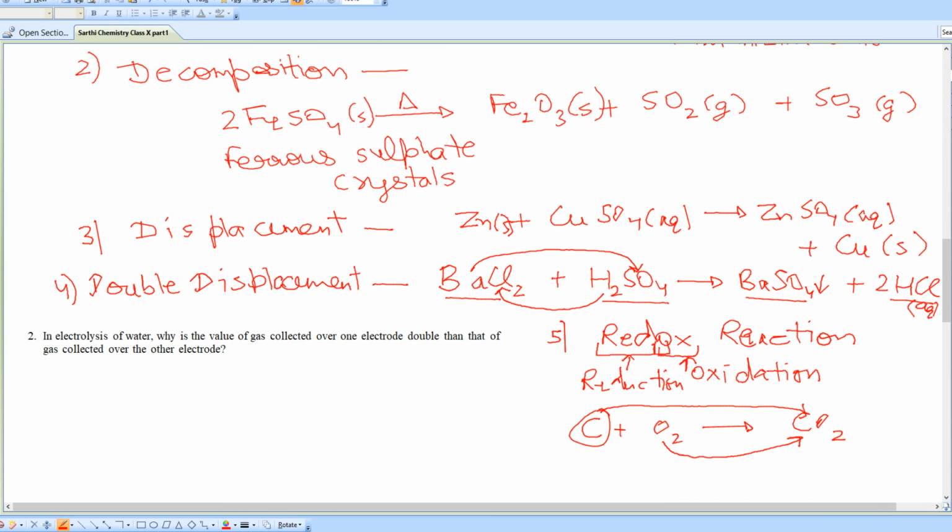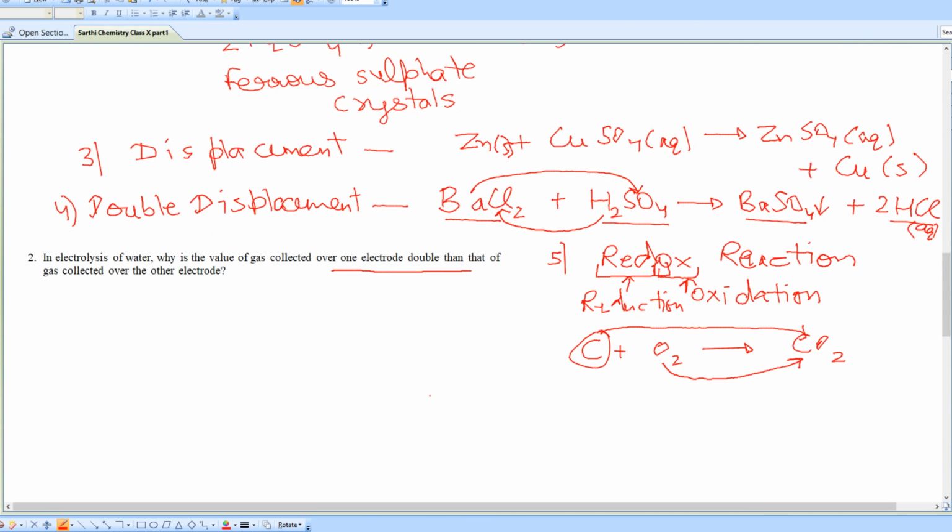In the electrolysis of water, why is the volume of gas collected over one electrode double that of the gas collected over the other electrode? So let's see.